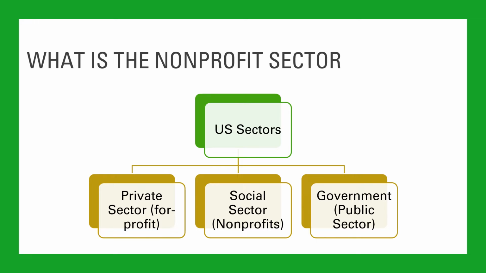Those are government agencies, or agencies that are run by the federal government or city government. They're called public sector. So you have private sector, social sector, and public sector. Remember, the nonprofit entities fall under the social sector.